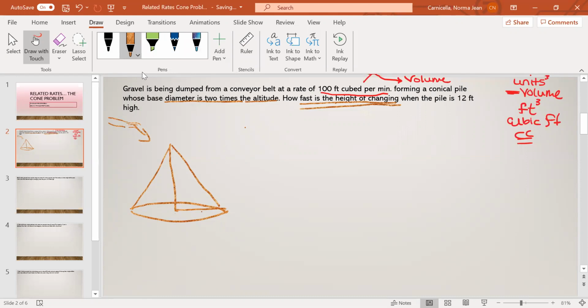It means that we have a positive rate of plus 100 feet cubed. And we know that the diameter, so let's talk about what we know. We know that the diameter is equal to, I don't like this color. I was just using it for sand color. I'm going to change it.